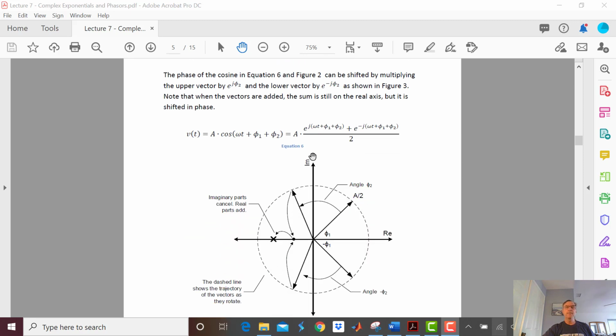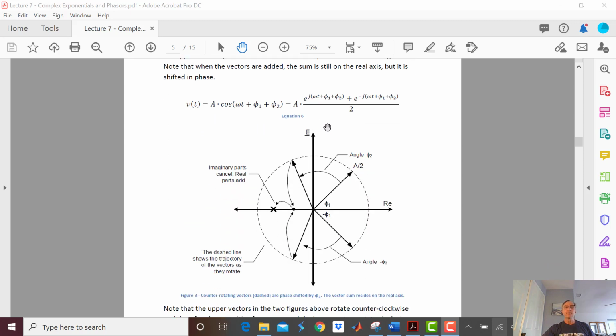Let's look at a picture of that. I started off with phi1. That was when I had just a cosine of omega t plus phi1 by itself. But now at time equals 0, I want the phase angle to be phi1 plus phi2. So I'm going to rotate this one phi2, and this one phi2 the other way.